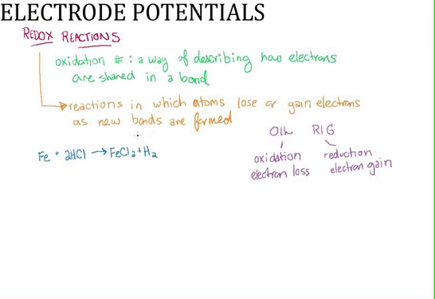Now, if we look at the oxidation numbers, iron is not bonded with anything. It's just hanging out, so its oxidation number is 0, right? Because it's neutral. In the hydrogen chloride, remember these two are sharing. So right now, hydrogen is +1 and chloride is -1, and they're kind of balancing each other out.